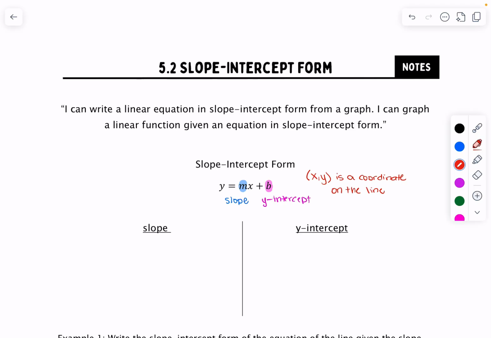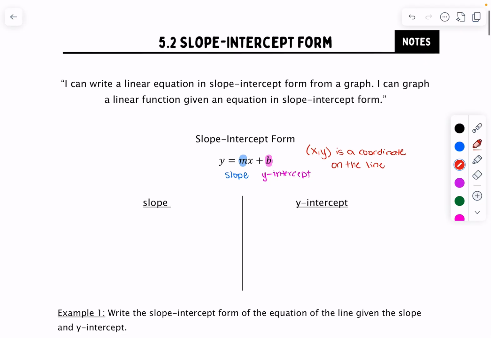There are a lot of different ways that we can talk about slope and y-intercept. A lot of things are synonymous with slope and y-intercept. What I mean by that is, if my slope is represented by the letter m, which it is, when we say m, we mean slope. We can call that slope our rate of change. We can call the slope the steepness of the line.